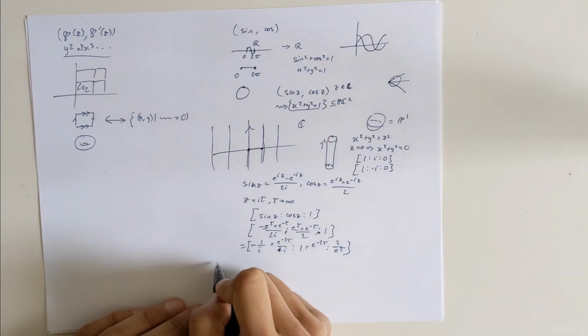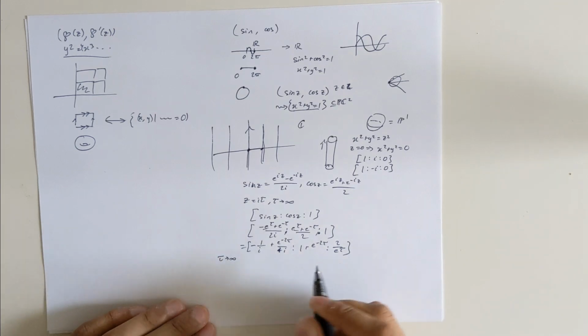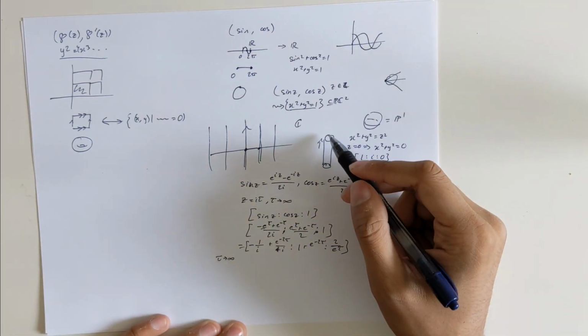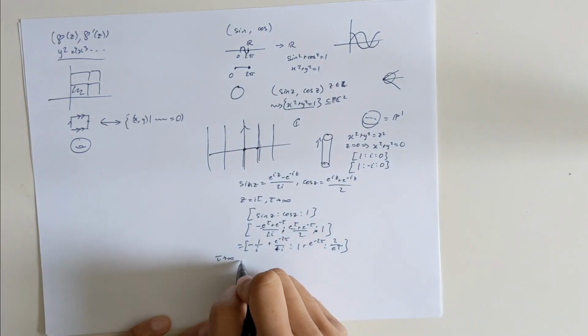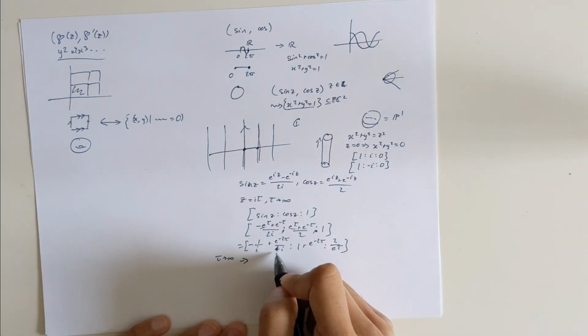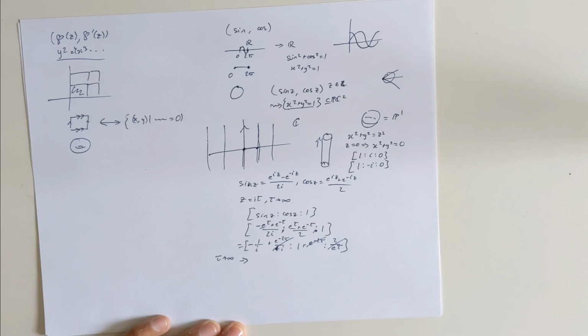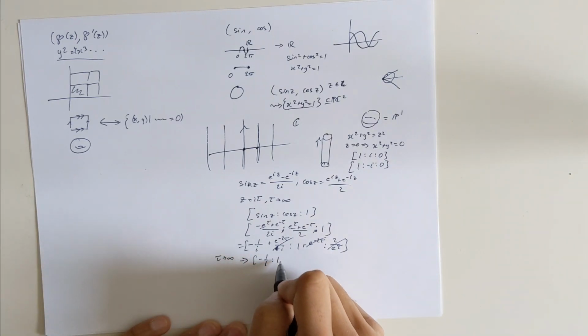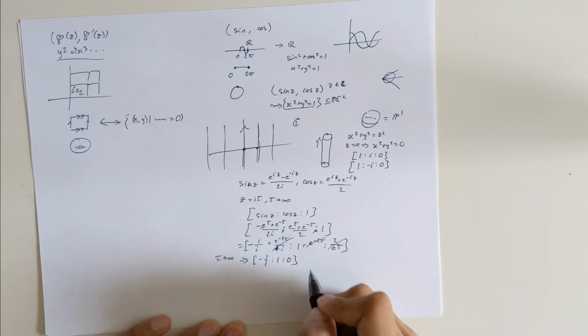And then if you let tau go to infinity, these projective coordinates are the same. But now if you let tau go to infinity, which means that you go up higher and higher, then what you get is that this term cancels, this term cancels, and this term cancels. And what you get is minus 1 over i, 1, 0.